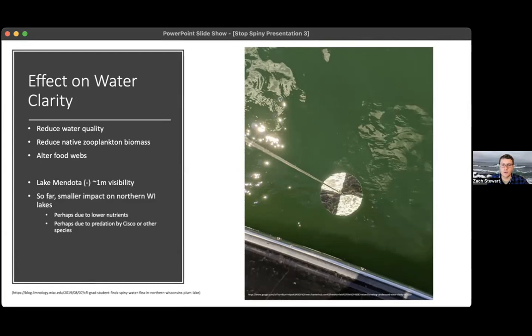So far, we're seeing, luckily, a somewhat smaller visibility impact on northern Wisconsin lakes. Another area for future research, but perhaps just due to the fact that our lakes tend to be much colder and much lower in nutrients than in the southern part of the state to begin with. And it could also be perhaps linked to predation by cisco or other northern species.